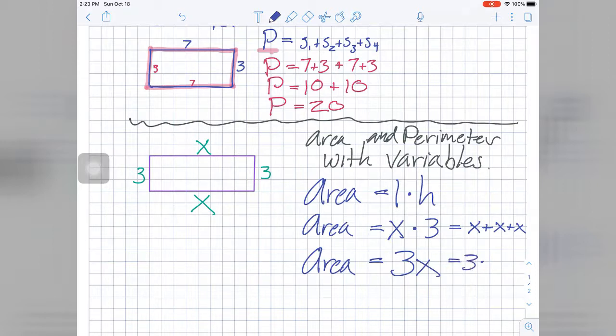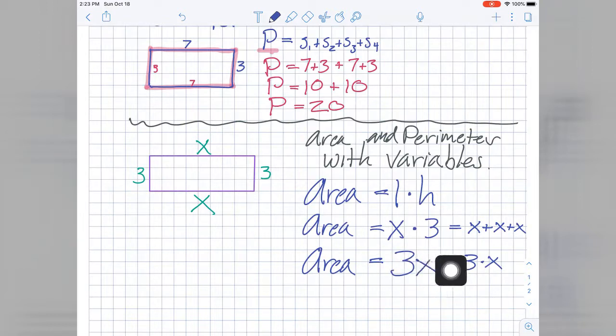This means 3 times x, and those are the same. So we can think of this as 3 different x's. The area is the same as 3 times x. I don't know what x is, but when I find out what it is, I'll be able to calculate the area very quickly.